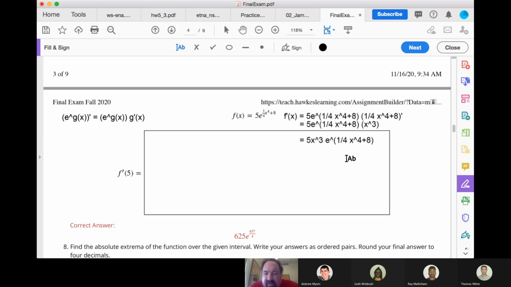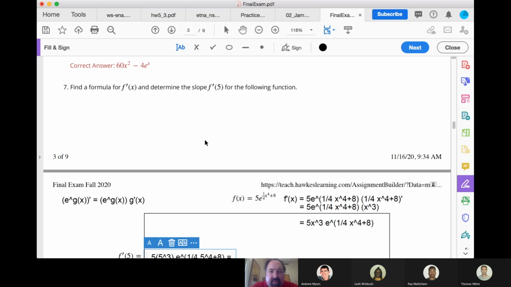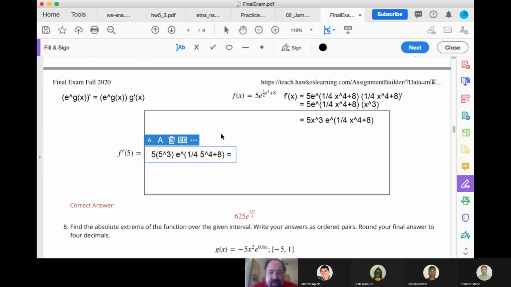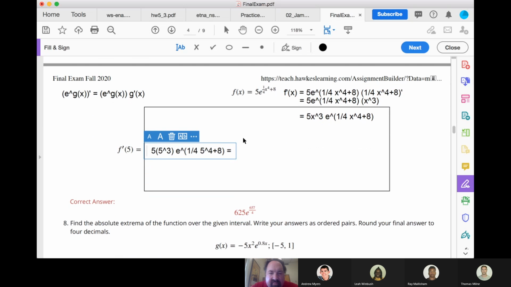And then if you plug in x equal 5 in here and work out this whole fraction, that's where the 657/4 comes from. So let's write this out. 5 cubed e to the 1/4 5 to the 4th plus 8. And notice in the problem, it didn't say anything about decimal places, so it wasn't an exact expression, like as a fraction.